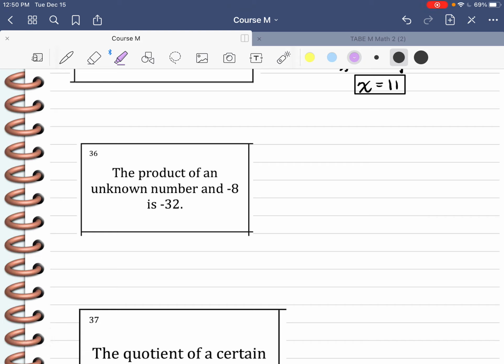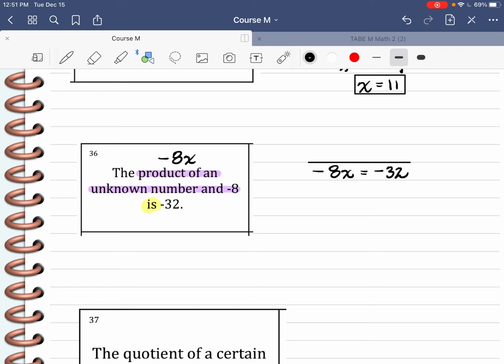Number 36. The product of an unknown number and 8 is 32. Well, product means multiply. So we're going to say negative 8 times x is... sorry, negative 32.